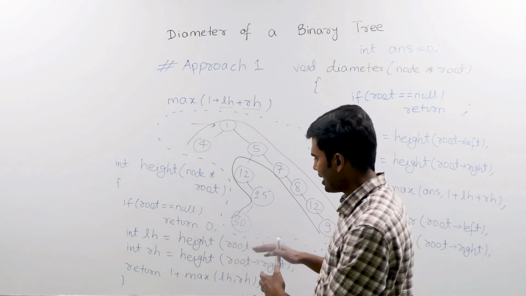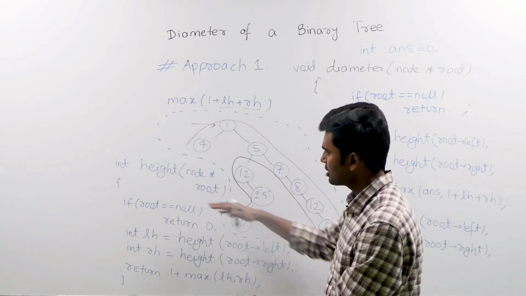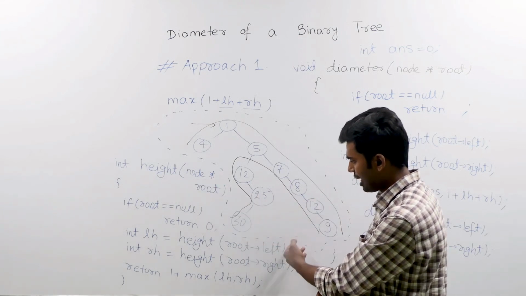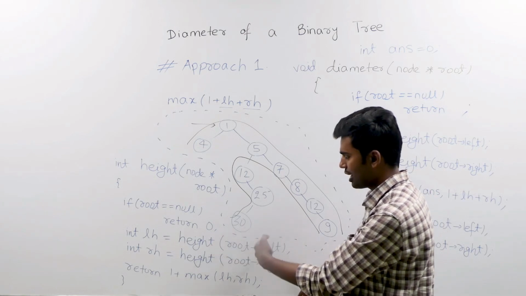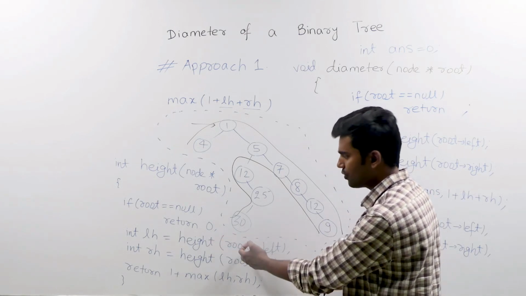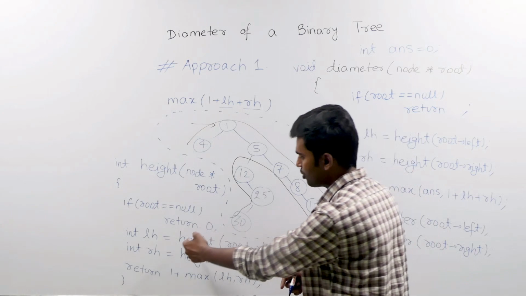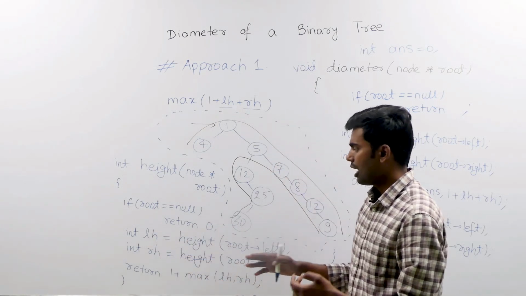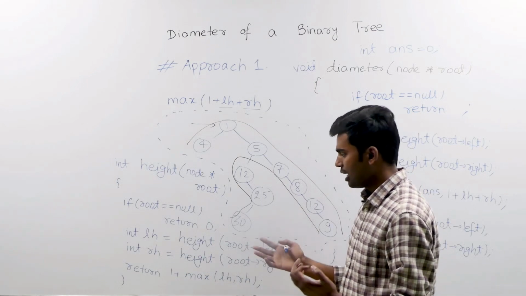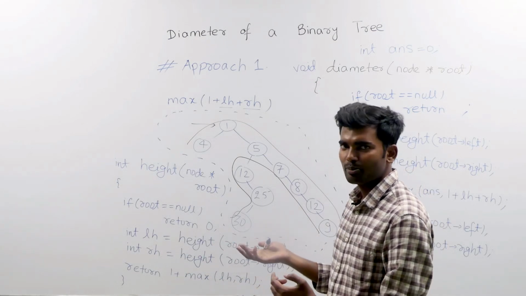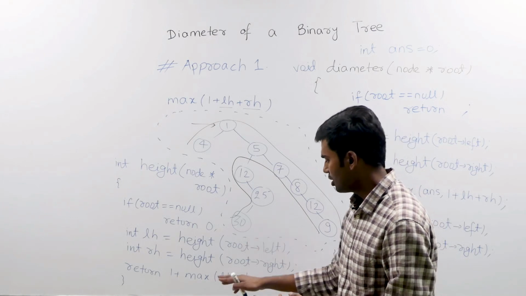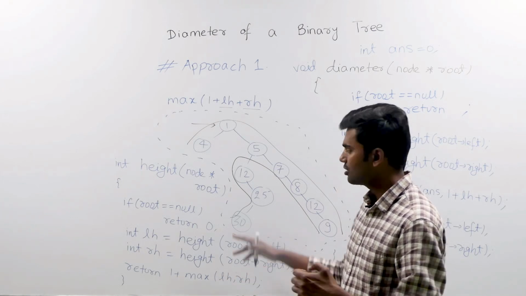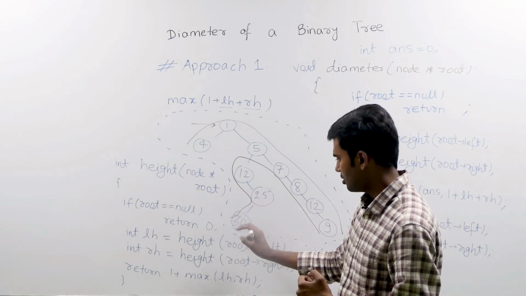To calculate the left height, I can use the same height function, calling it with the left pointer of that node so that it calculates the height of the left subtree, and I'm storing that value in LH. Similarly, in RH we are storing the height of the right subtree. And the height is simply 1 plus the maximum of the height of the left subtree and the right subtree. So this is how the height function works.